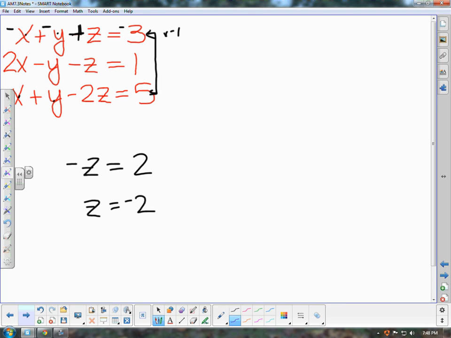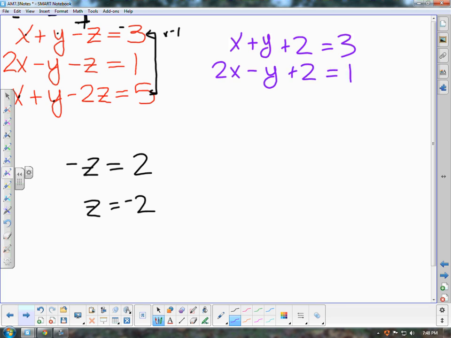So we've already solved for z. Now you can substitute that into those equations. And so you have x plus y, and to begin with it's minus z, so that would be plus 2 equals 3, and 2x minus y plus 2 equals 1.